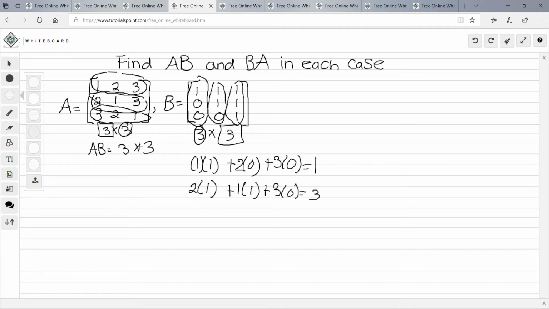And then this is going to be this row by this column. So it's going to be 3 times 1 plus 2 times 1 plus 1 times 1. So this is going to be 6. So remember, this is going to be our new matrix AB.